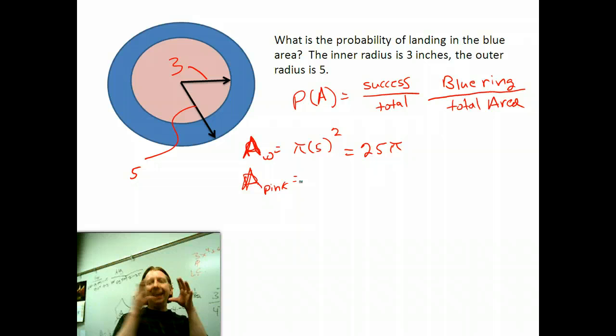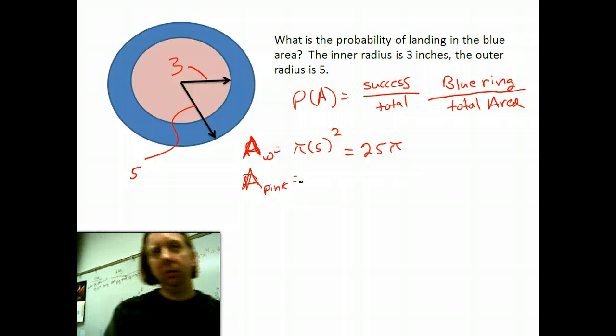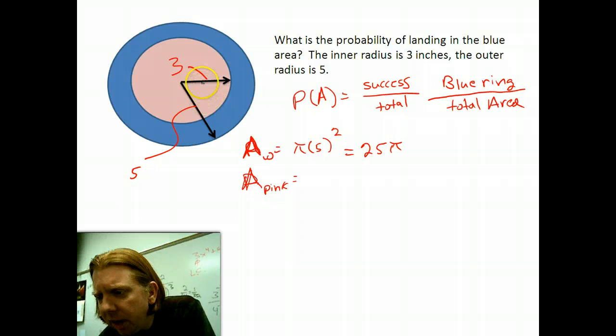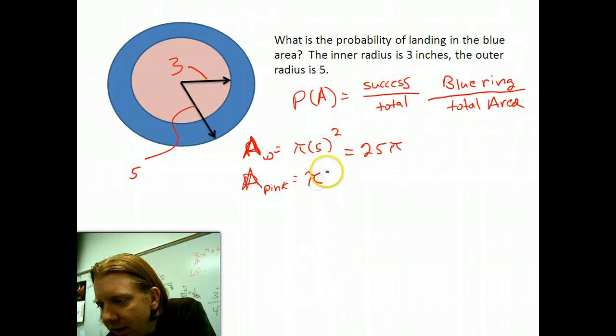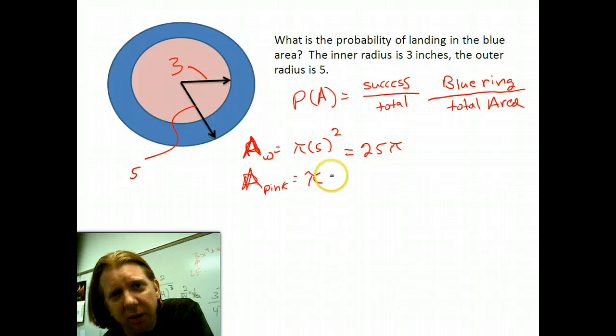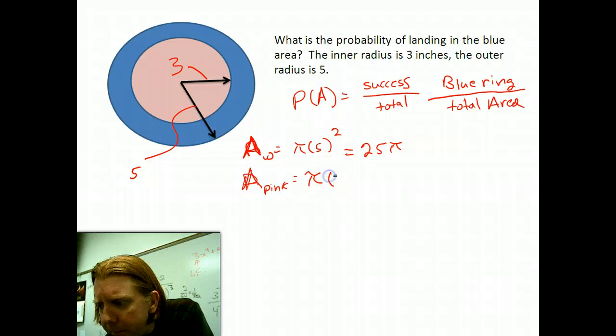What's the area of that inner part? 36 pi. No, not 36. 9. I don't think it's going to work out to be 36. We'll see. So the area of that inner part is going to be 9 pi, right?